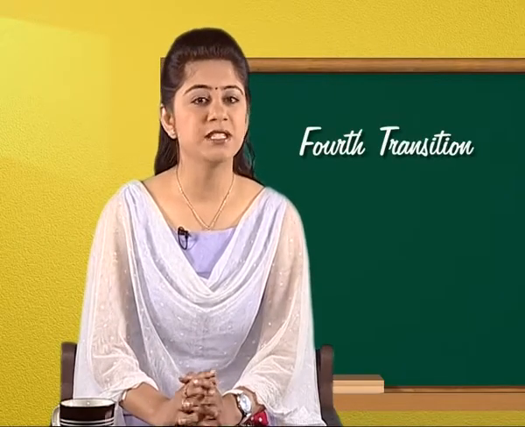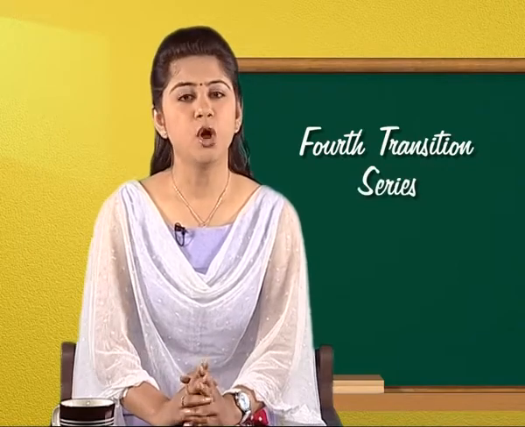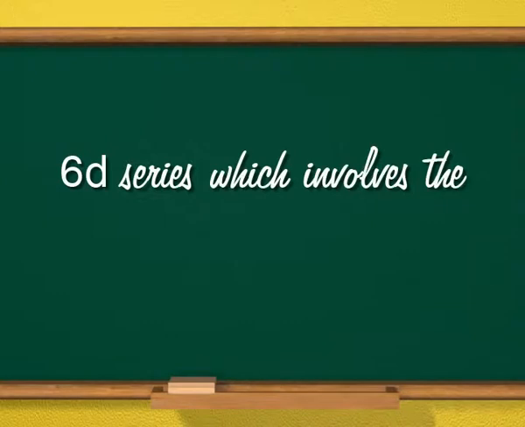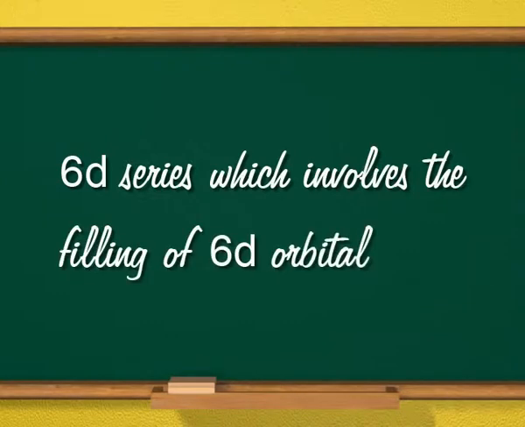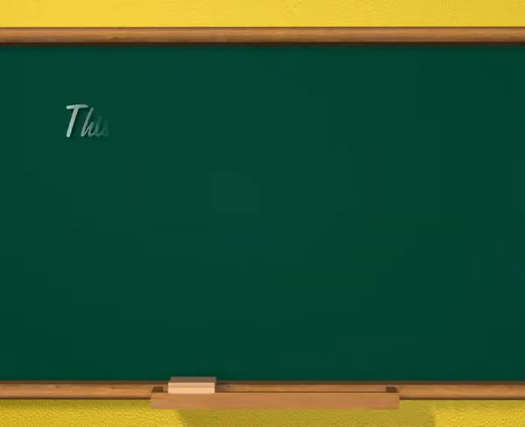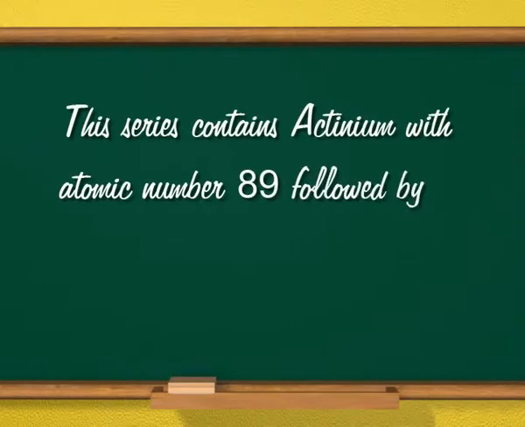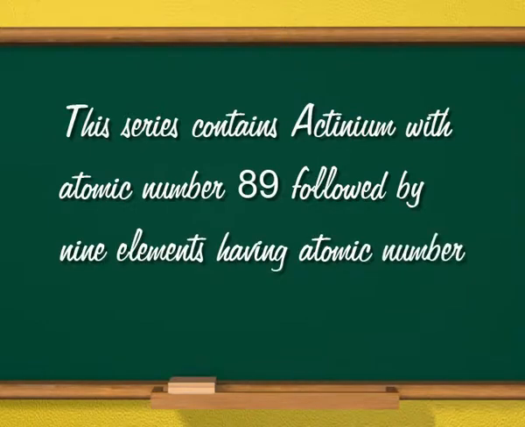The next one is the fourth transition series. This is also called the 6d series, which involves the filling of the 6d orbital. This series contains actinium with atomic number 89 followed by 9 elements having atomic numbers 104 to 112.